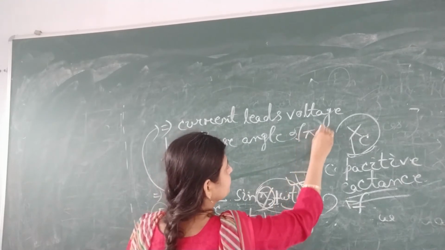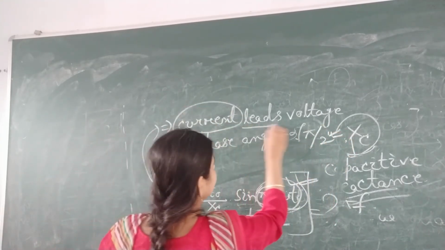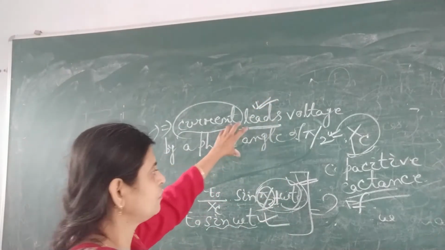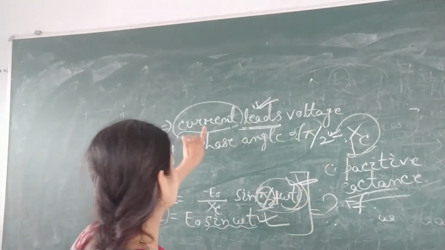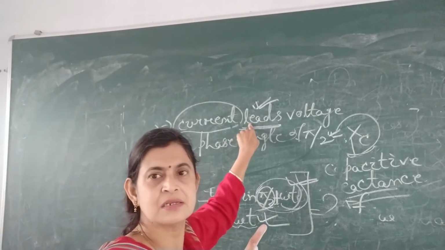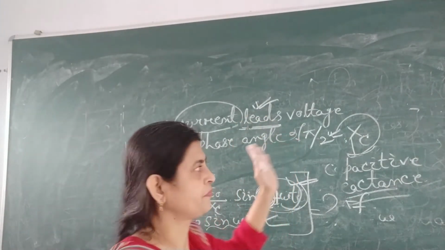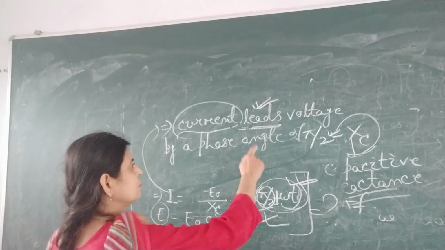Pi by 2. So this is important. When the circuit contains only a capacitor, at that time current leads. If the circuit contains only an inductor, then at that time voltage will lead the current by a phase angle of 90 degree.